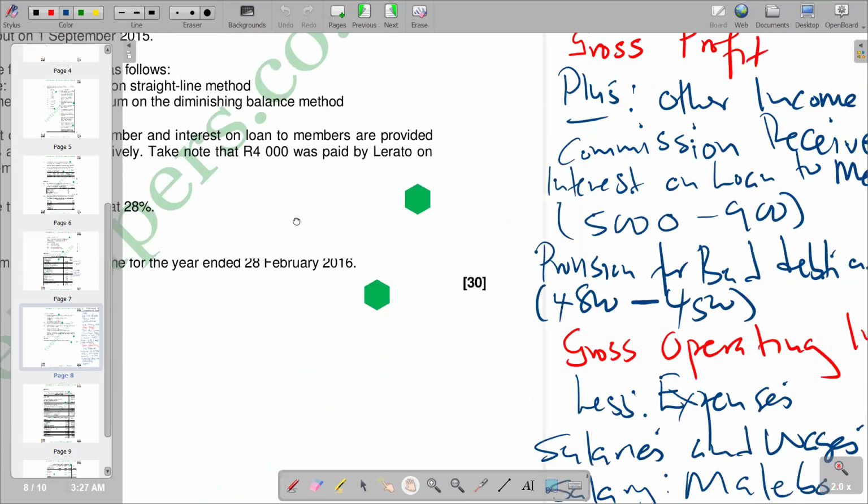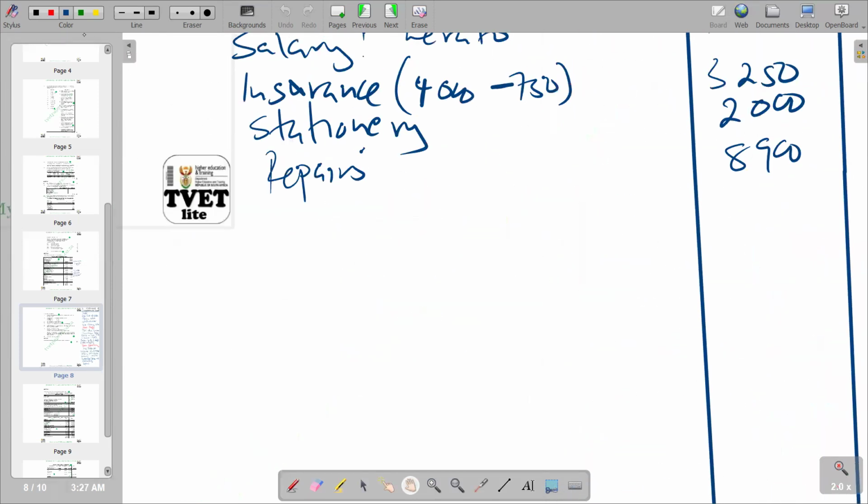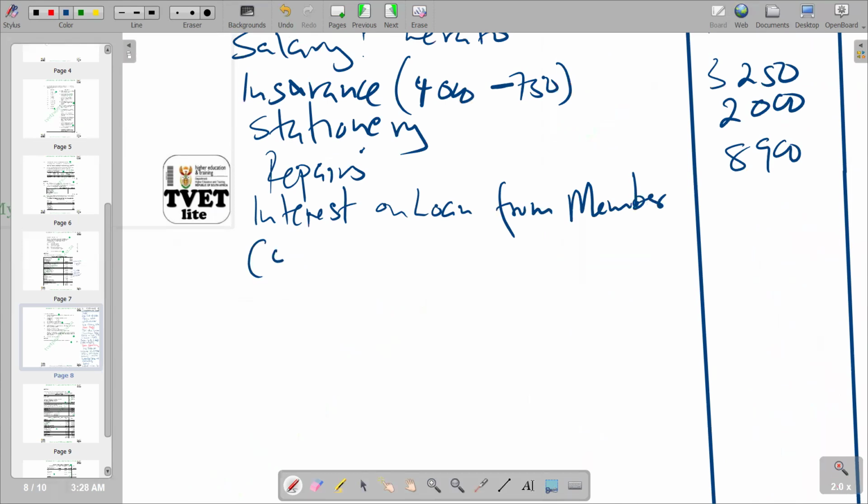So we can just say interest on loan from member. In brackets, we're saying 15%, which is 0.15 as a decimal, times 10,000.